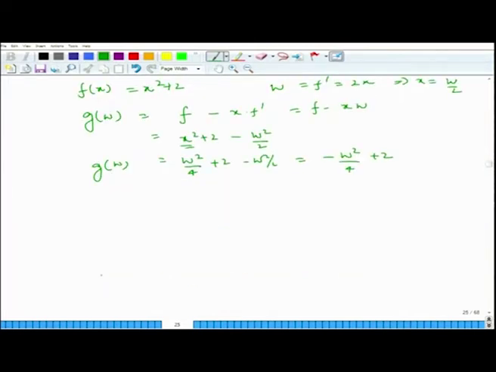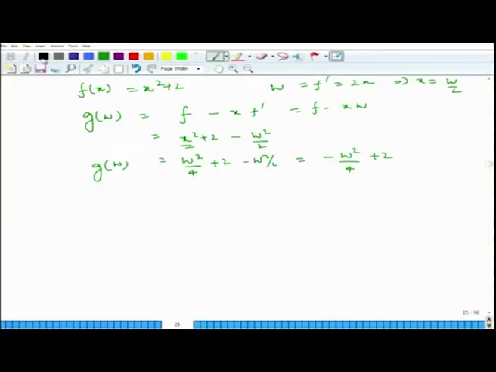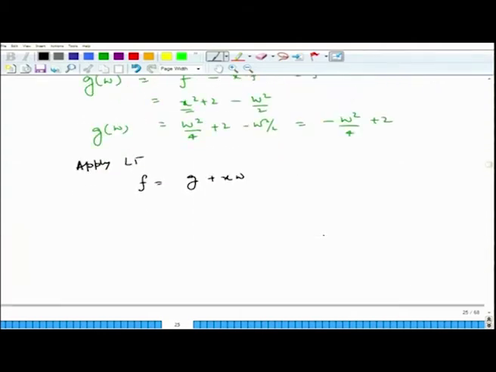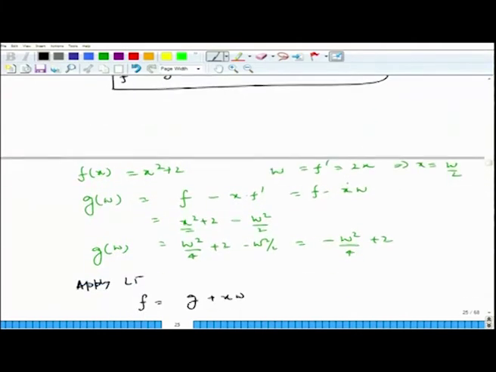Now, this is our Legendre transformation which we applied to f of x. In order to get back the original function, we are going to apply the Legendre transformation to g, and let us see whether we get back the original function or not. So, if we apply the Legendre transformation again, this is going to be g plus x w, that is what we showed earlier.